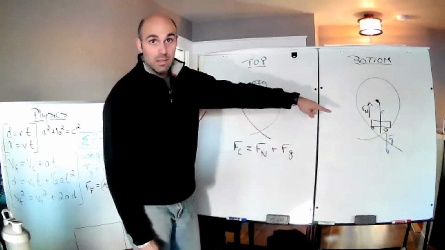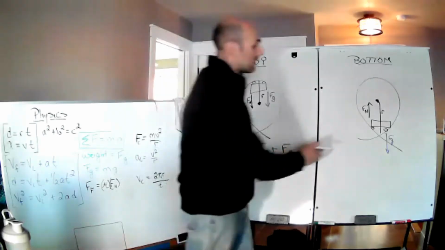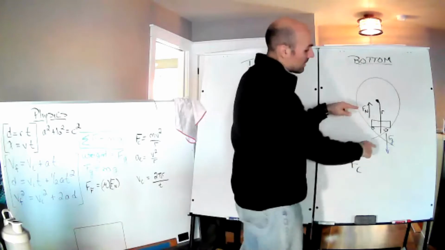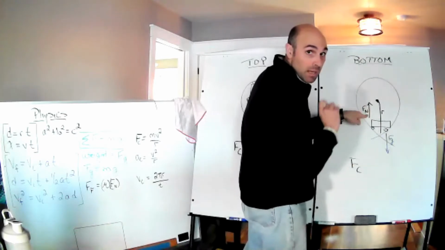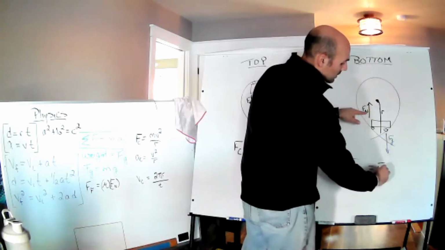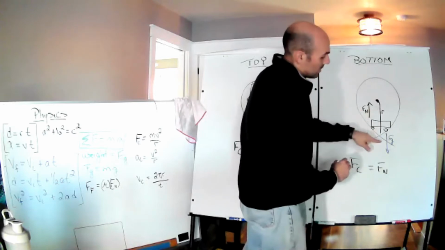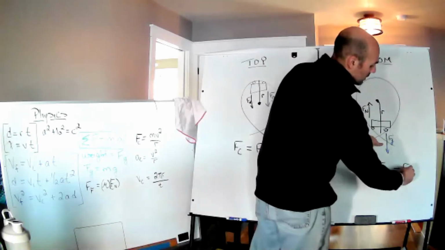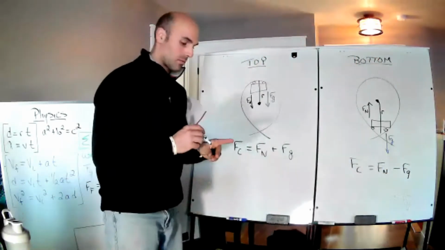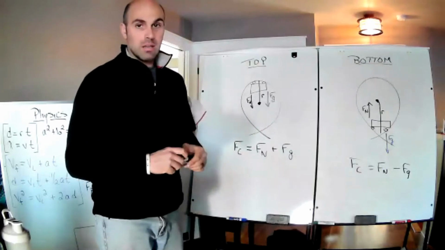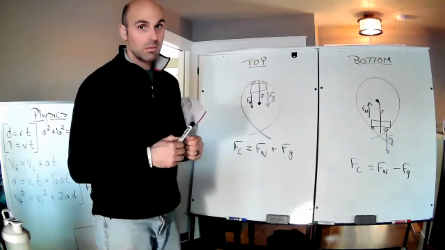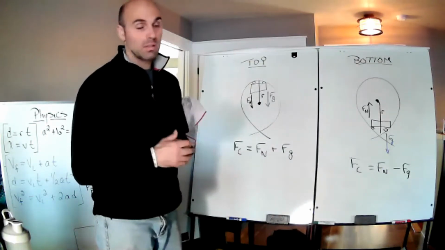Now look over here. Major difference. Here, the F of C is still a combination of F of G and F of N, but they're in opposite directions now. The F of N is positive, but the F of G is negative, and that's where that negative comes from, that subtraction. Okay. So those are the two main roller coaster problems or formulas.